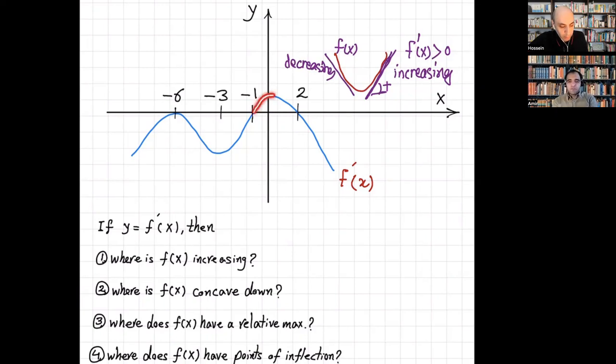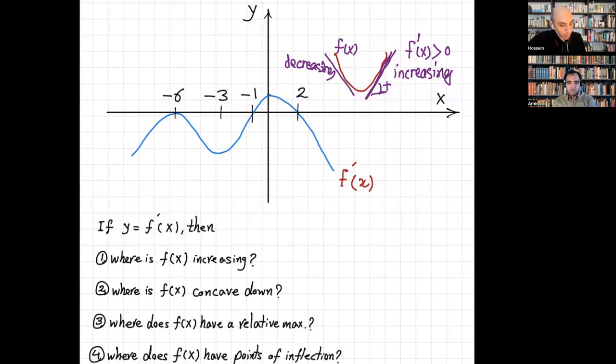On the blue curve, we look at the positive side. Here is where f prime of x is positive, and that means the slope of the tangent line in f of x, as I drew at the top, is positive, and this curve is increasing.